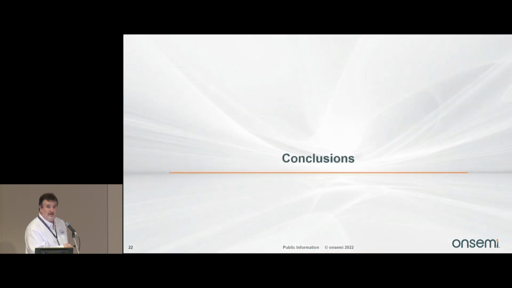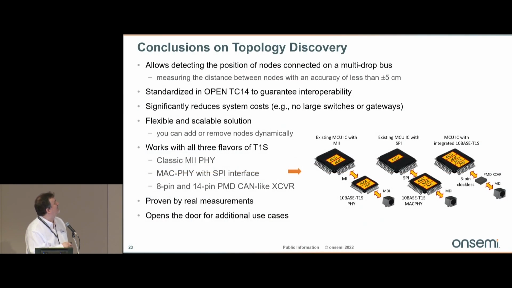As a takeaway from this presentation, maybe a short one: topology discovery allows you to detect the position of nodes connected to a multi-drop bus. The idea is that you want to measure the distance between the nodes, and it allows you to do that with an accuracy of plus minus 5 centimeter.